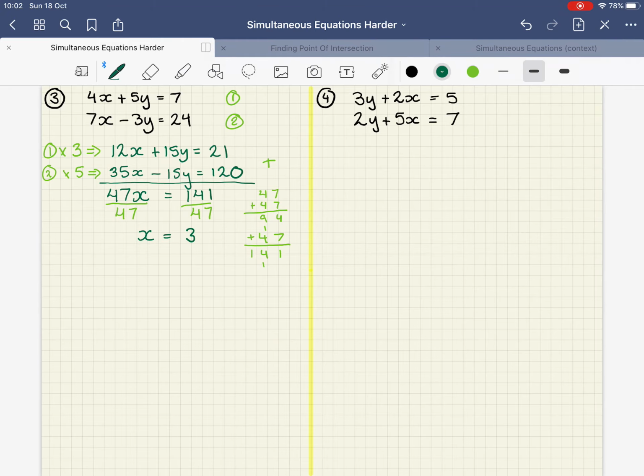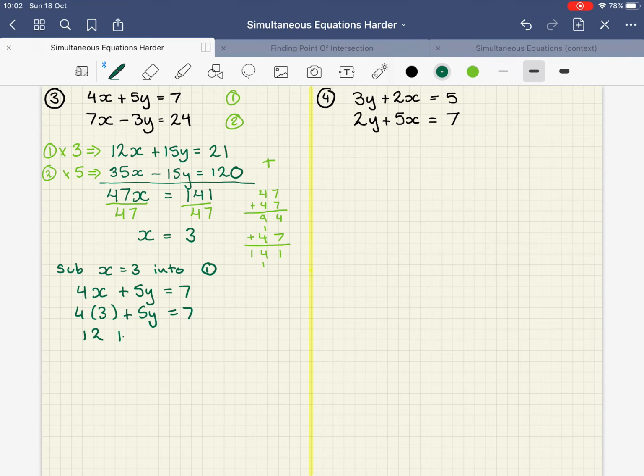Alright, so now I've got that, I'm going to substitute that in. So I've got sub x equals 3 into, and I need to choose one of my equations. I'm going to choose equation 1. So I'm just going to write that out again, 4x plus 5y equals 7. So that's going to be 4 times 3 plus 5y equals 7.